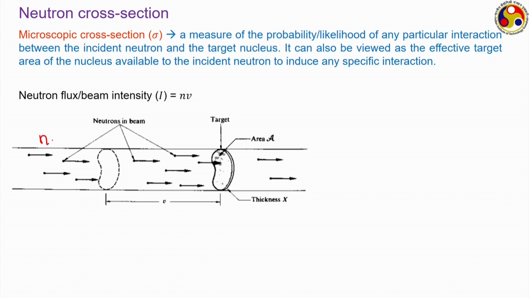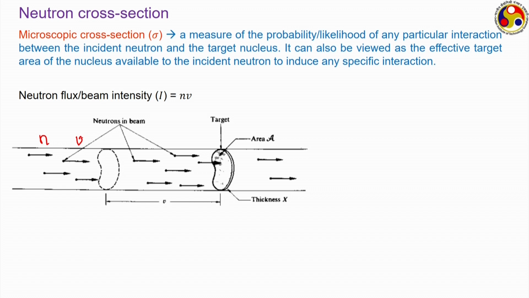So, small n represents the number of neutrons travelling in this beam per unit volume, and small v is the velocity of the neutrons. Here we are assuming that all neutrons are moving at the same velocity. Then the product of these two quantities, n times v, is called the neutron flux or beam intensity.